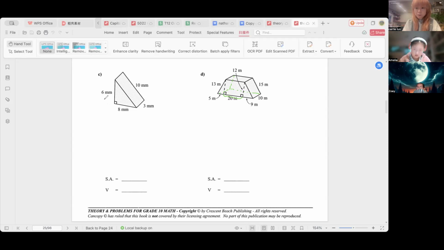Okay, so Zoe, did you finish? The hardest part for this one is that you need to use the Pythagorean theorem, Amelia, to calculate the height. You're telling me that you don't know how to calculate the surface area of this shape because we didn't learn that. But there are a lot of shapes. It's impossible to tell you every single one by one, right? The only thing we can do is try to solve the problem by looking at it like how we get the other one.